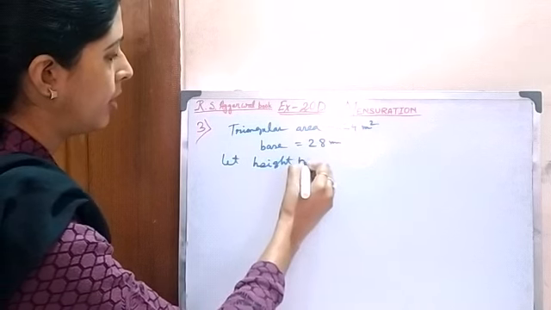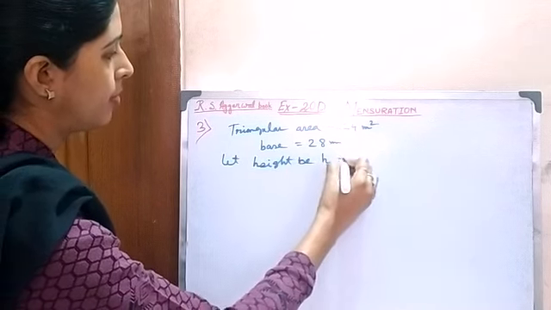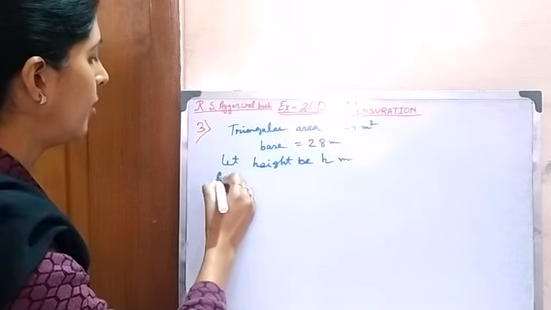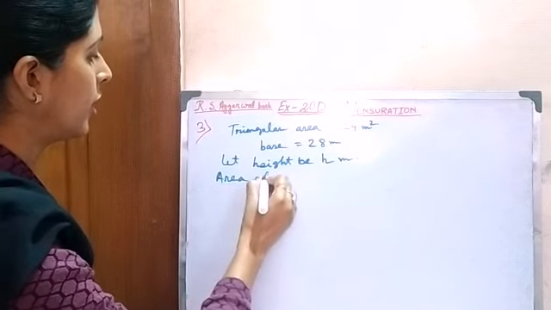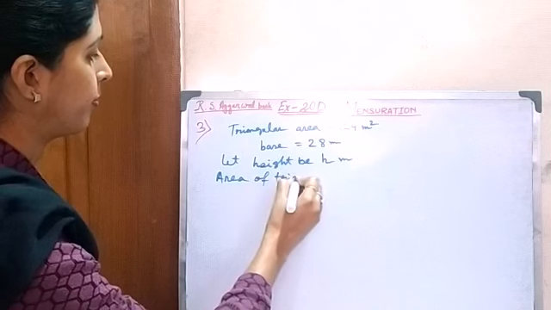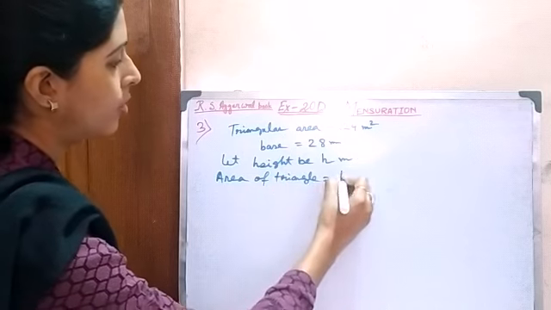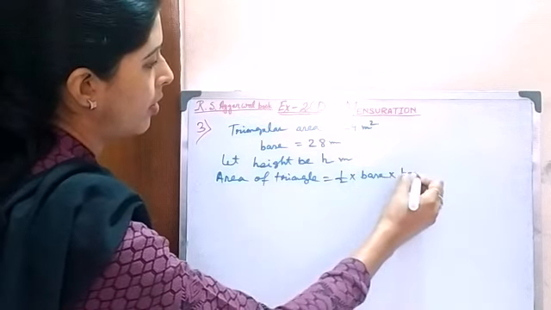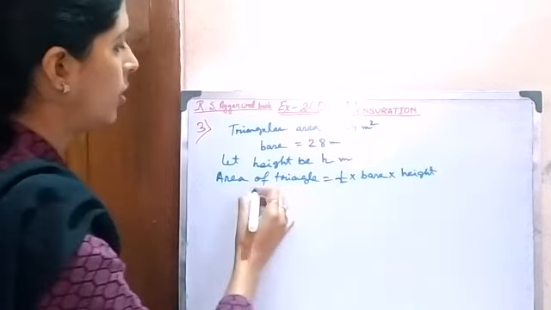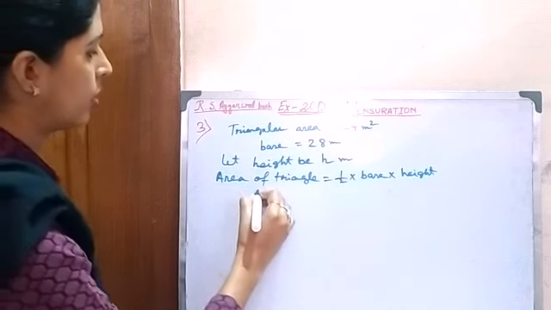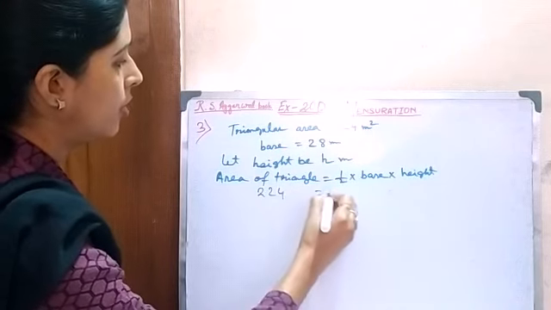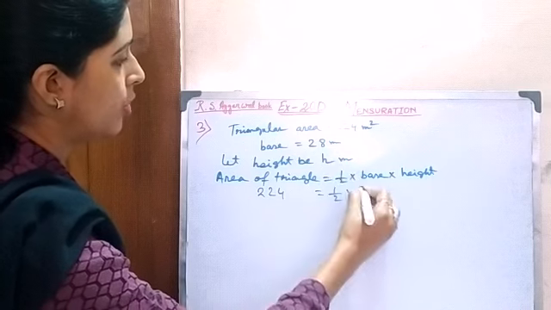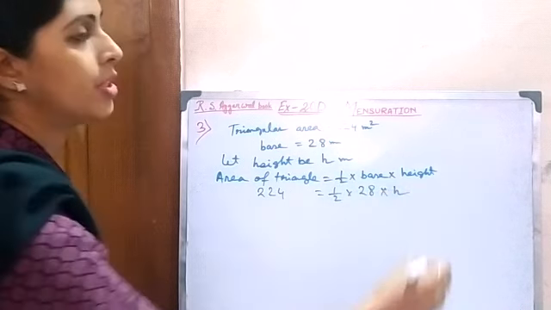Let height be h meter. Now we will apply the formula of area of triangle equal to half into base into height. Here we will put all the values. 224 equal to half into base 28 into h.